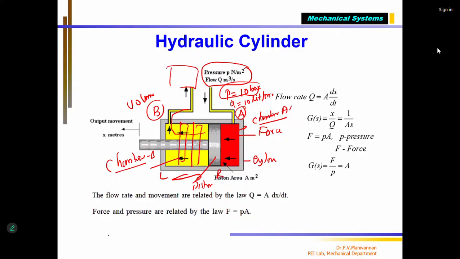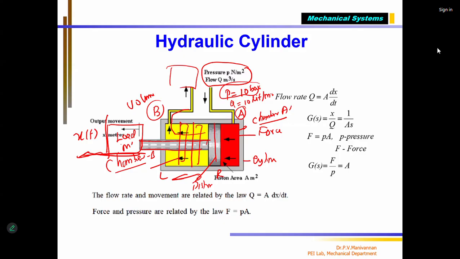Now, we know that this is the shaft of the piston. Here, I am connecting my load. This is my load, having a mass. So the load position is moving from the initial position here. It moves towards A. x(t) is the position of the load, which is the same as the position of the piston, depending upon the pressure, and at what rate the piston is moving depends upon the flow rate.